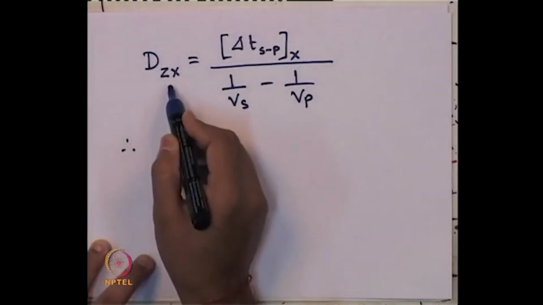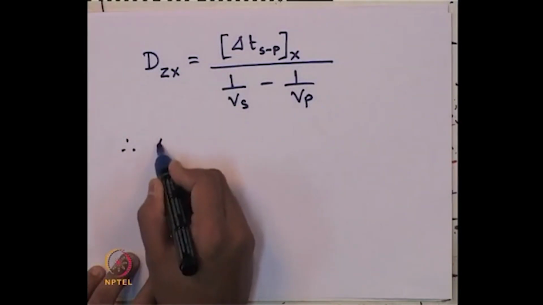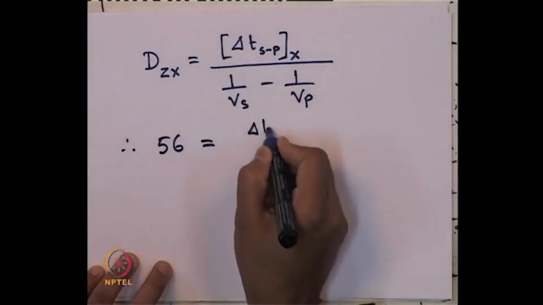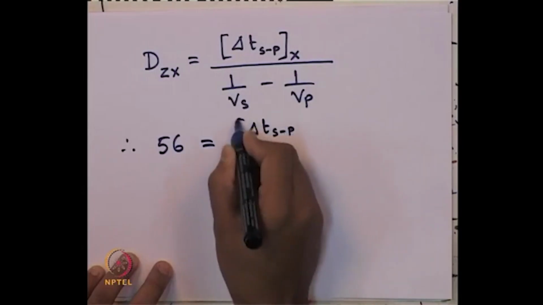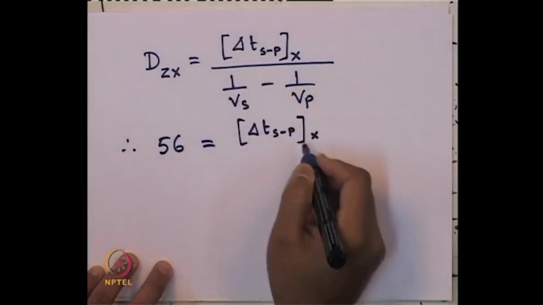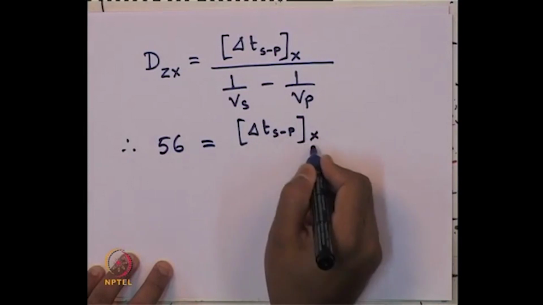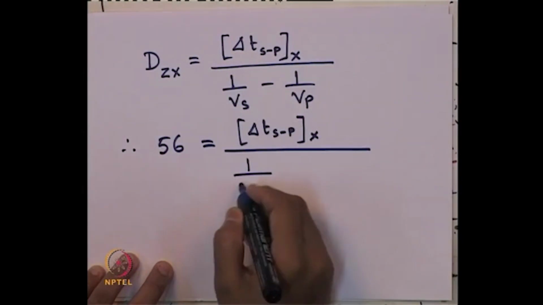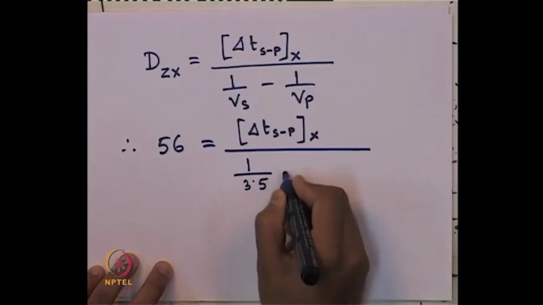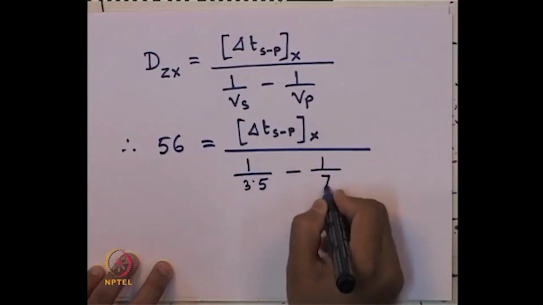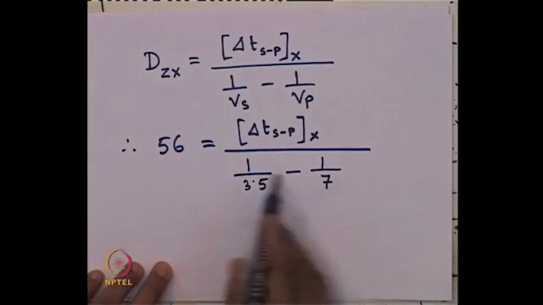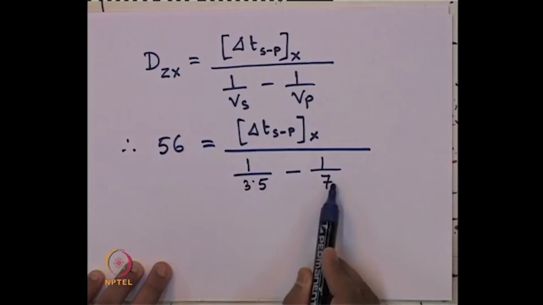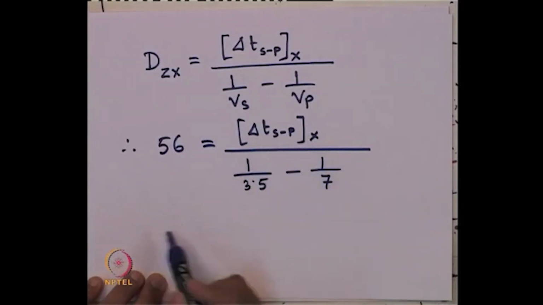Therefore, how much is this dZX? That is 56 kilometers, it is already given. We need to find out the time difference of arrival between S wave and P wave at station X. The Vs value is already calculated, 3.5 kilometers per second, the Vp value is 7 kilometers per second. So, everything is known, only this one has to be found out. This is in kilometers, this is kilometers per second, so we will get this in seconds.